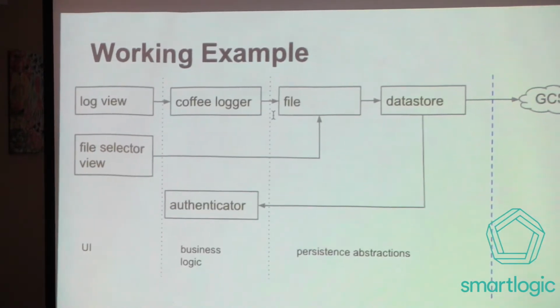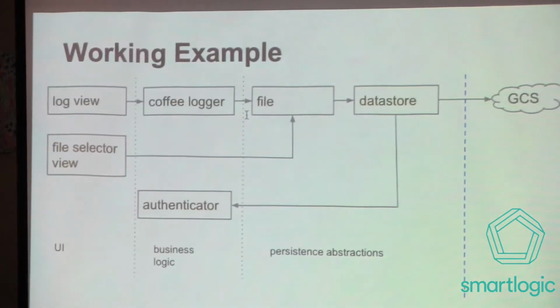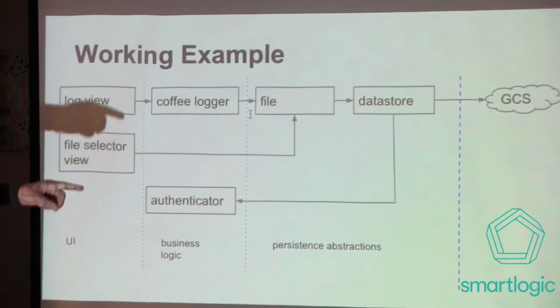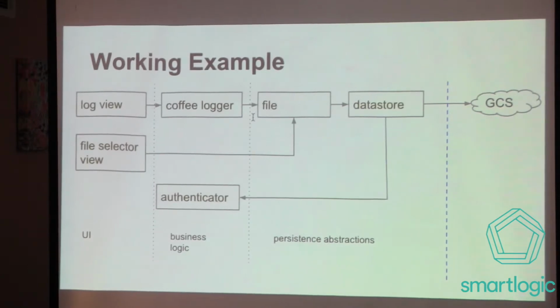So this is a dependency diagram for the toy example. The blue dotted line on the right is sort of the front end, back end division. At the far left, you have UI classes, something called a log view, and something to choose files. The log view depends on coffee logger.